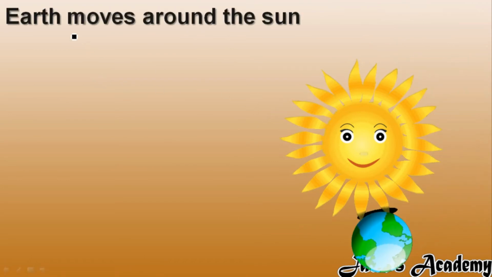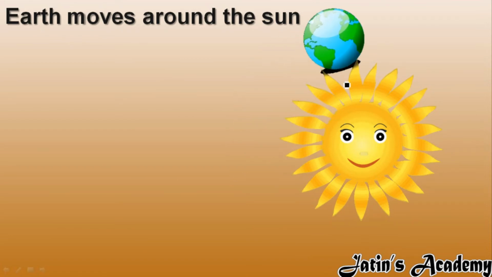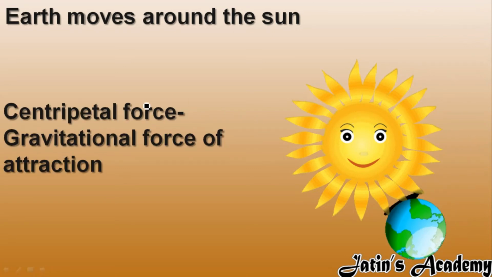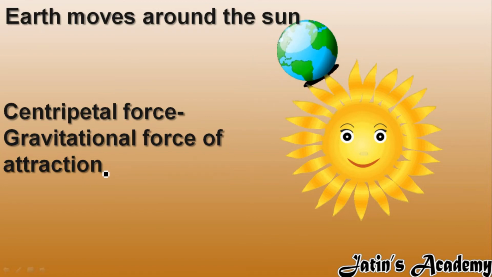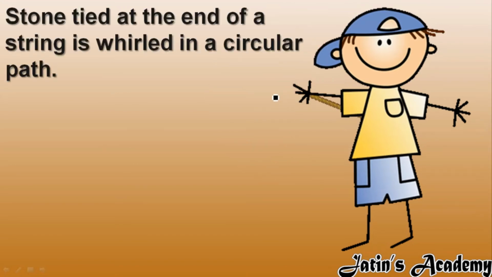As the earth is revolving around the sun, which force is acting? Again there are two massive bodies, so in this case the centripetal force is again the gravitational force of attraction. Next, a person or a boy ties a marble or a stone to a thread or rope. So here a stone tied at one end of a string is whirled in a circular path. Which force is acting? Now carefully see, this boy applies a force in this direction.